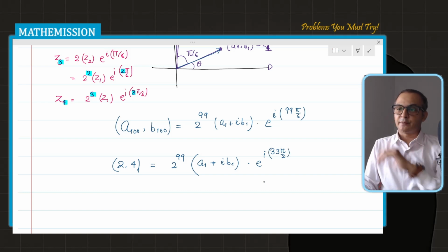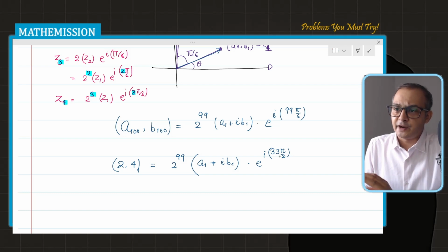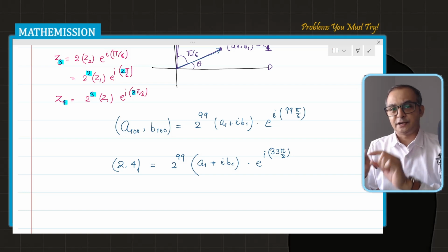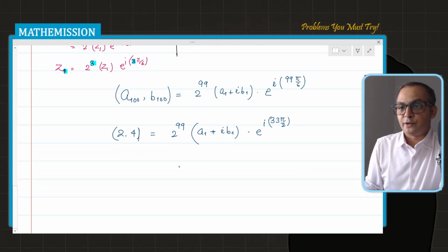So 33 pi by 2 is an odd multiple of pi by 2, or we can write it as 16 pi plus pi by 2. So 16 pi plus pi by 2 lies in the first quadrant, so it is equivalent to pi by 2. Let me just clear this. A1 plus iB1.